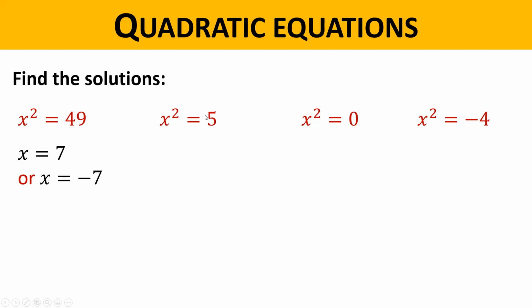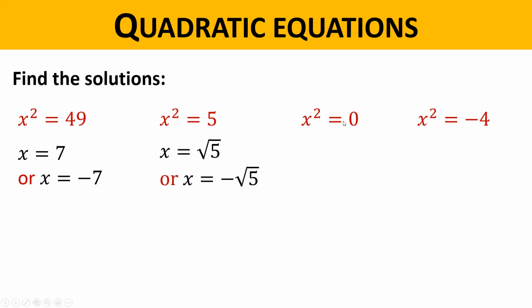Well, I can't find a whole number or a fraction, so I can just say that the solution to this equation is going to be some number that is the square root of 5, because the square root of 5 squared will give us 5 again, or negative that number. Negative square root 5 times itself gives negative times a negative is a positive, and square root of 5 squared is indeed 5. So this is also just a perfectly fine solution to this equation.